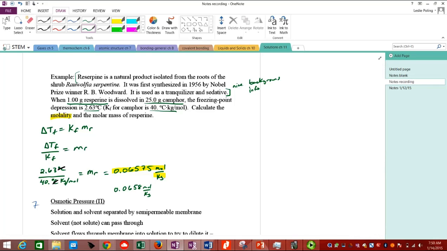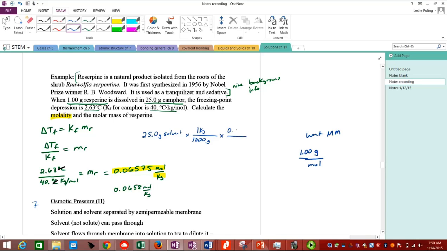So what do we want? We want molar mass. And molar mass is grams over mole. We were given 1 gram of the reserpine, so we need the moles. So the molality is going to give us the moles. We know that we have 25.0 grams of the solvent. Turn that to kilograms.